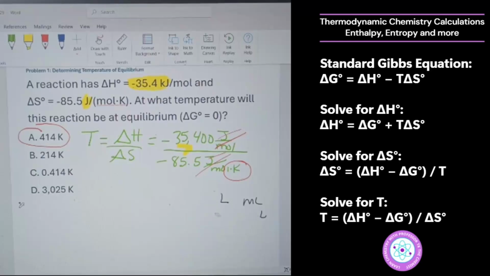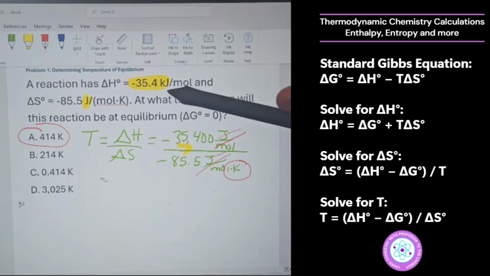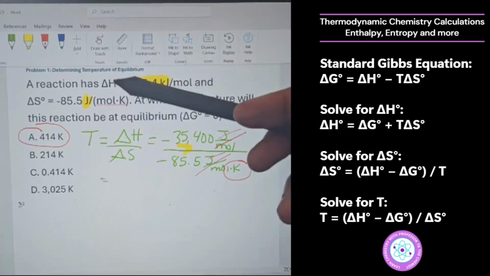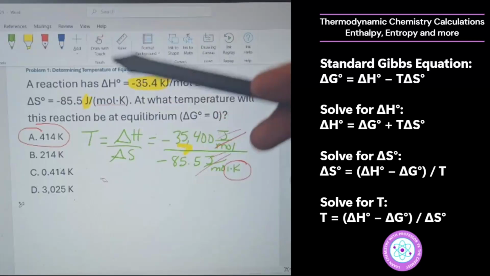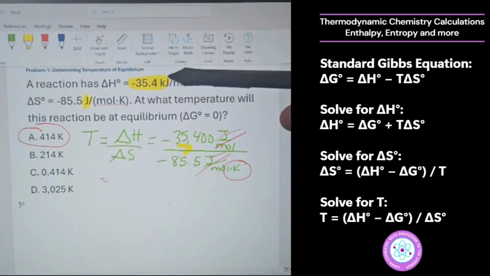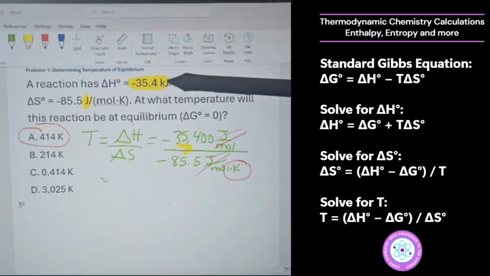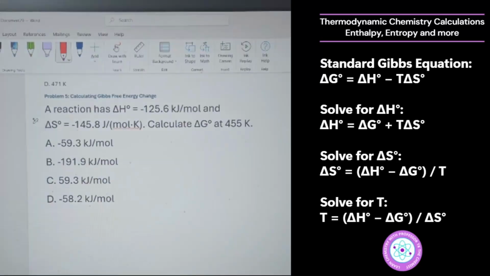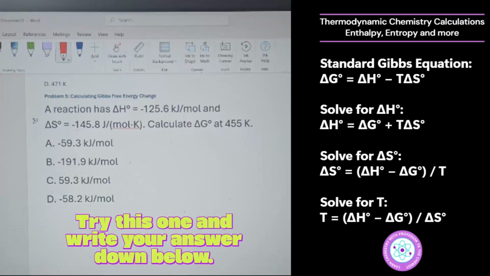So in this particular example, in order to find the temperature, you have to have your delta H divided by your delta S. The delta H was kilojoules per mole, but your delta S was joules per mole dot Kelvin. I cannot cancel kilojoules with joules. I have to convert kilojoules to joules in order for this to work, and that's what we did previously. Number five.